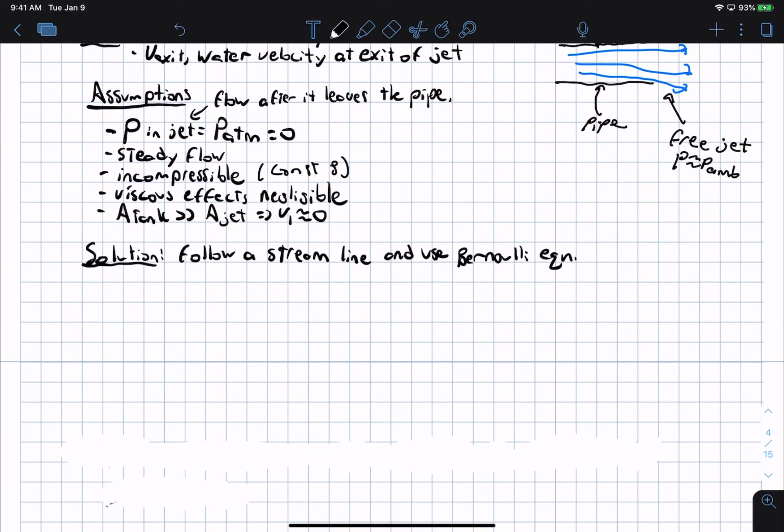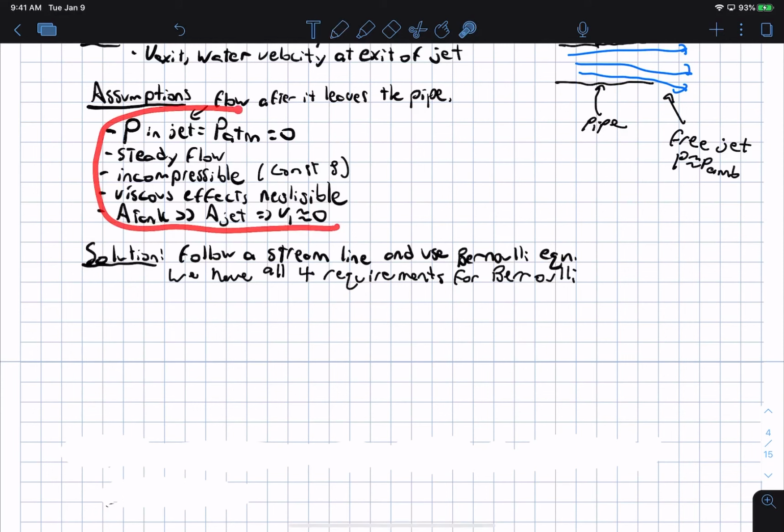So we will follow a streamline and apply the Bernoulli equation. With this, we have all 4 requirements for Bernoulli. And again, in your homework, I expect you to show all of the relevant assumptions required to solve a problem.